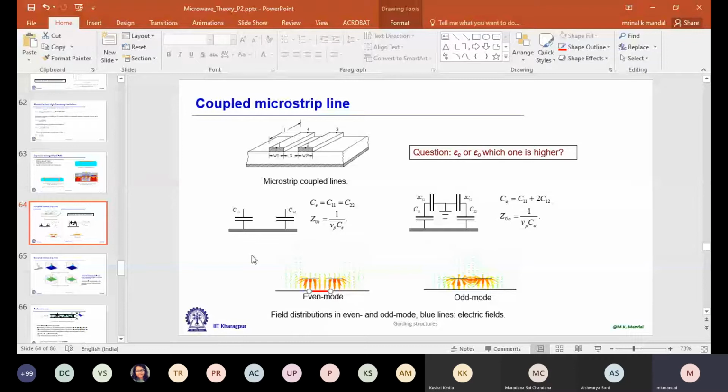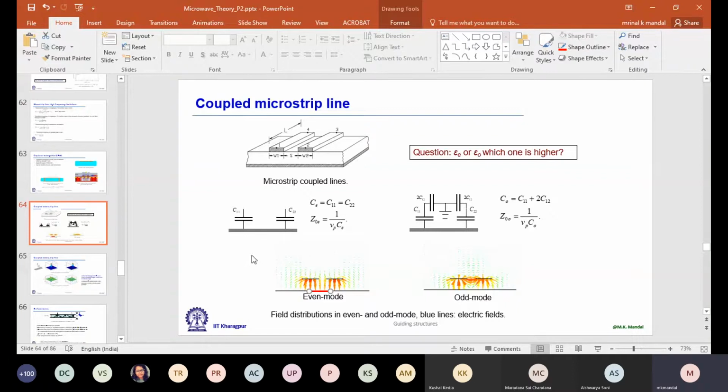And we already discussed that if we don't have any ground plane, then it can't support any even mode. Even mode impedance becomes infinite. So if I put a slot in the ground plane, Z0E increases. So we can actually use that to our advantage.